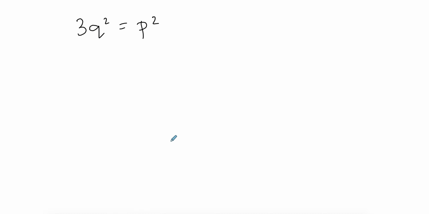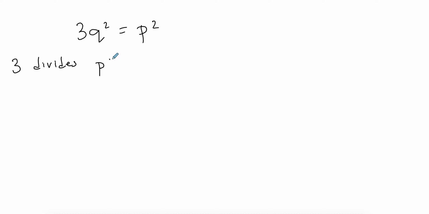Now I'm going to explain something that might not seem intuitive, but it's a fact that you could use from now on. In this statement, I could say that 3 divides p squared, which therefore implies that 3 divides p. So how is this true?